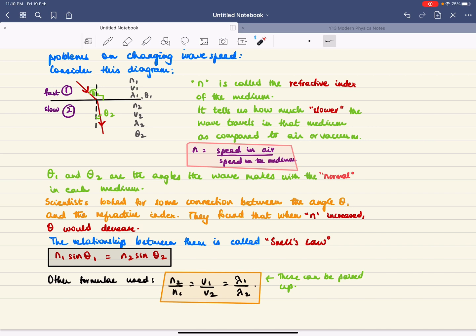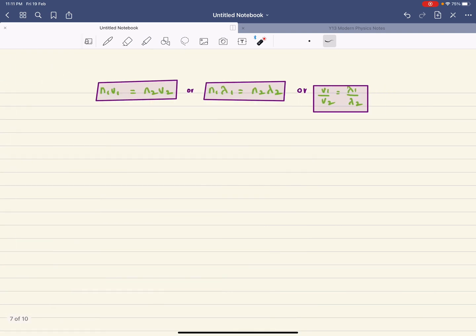This is the formula that connects all the refractive indices, wavelengths, or speeds, and you can use them in any pairs. You can use these two, or these two, or this one in combination with that, and this one here tells us any pairs you can use for these equations.